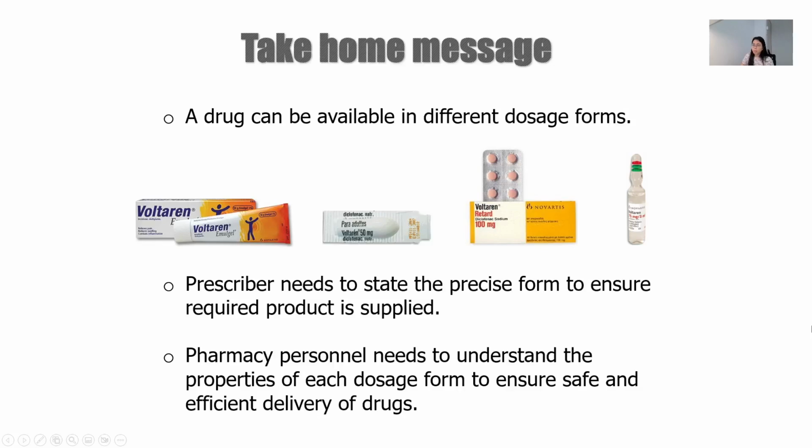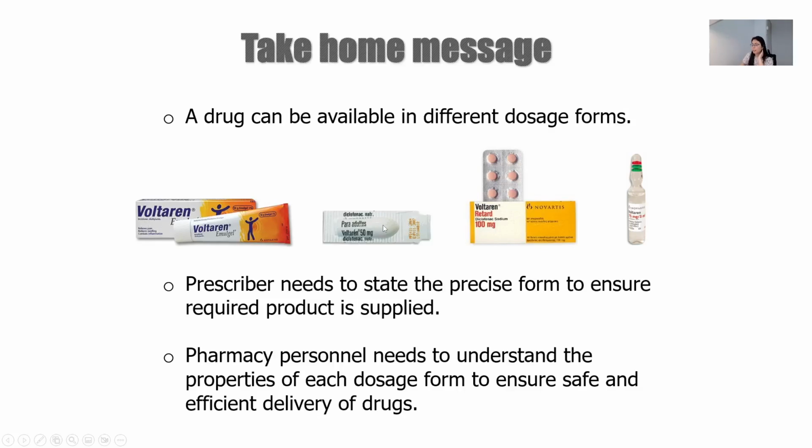So the take-home message after we have gone through so many types of dosage forms is that you must remember that a single drug can actually be available in many different dosage forms. As you can see in the picture over here, this is the brand name of the drug, Voltaren. The actual drug name is diclofenac sodium.